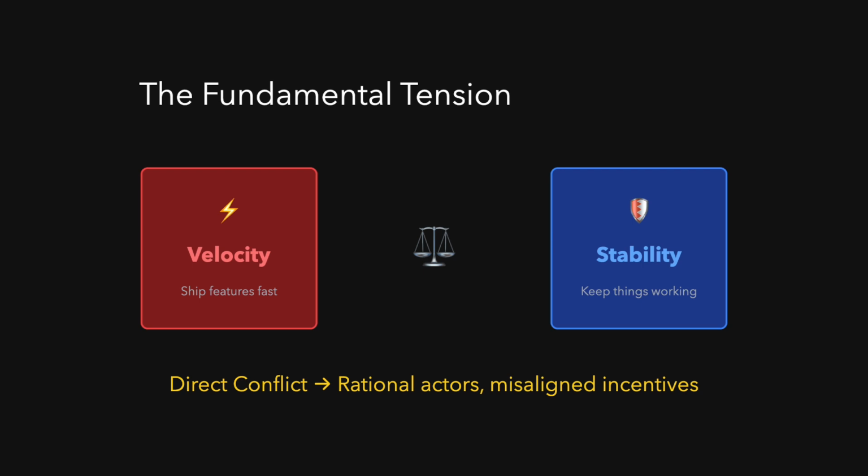If your performance review depends on shipping features, what do you do? You ship as fast as possible, maybe cutting corners on testing. If your performance review depends on uptime, what do you do? You resist all changes, because changes break things. And both groups are behaving rationally within their incentive structure. The problem isn't the people, it's the lack of a shared framework for making trade-offs.